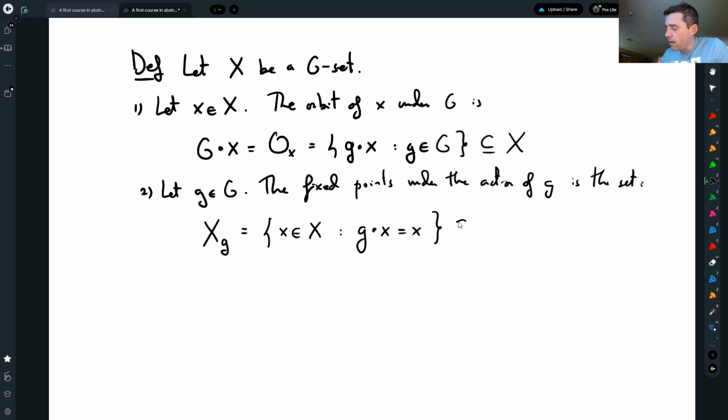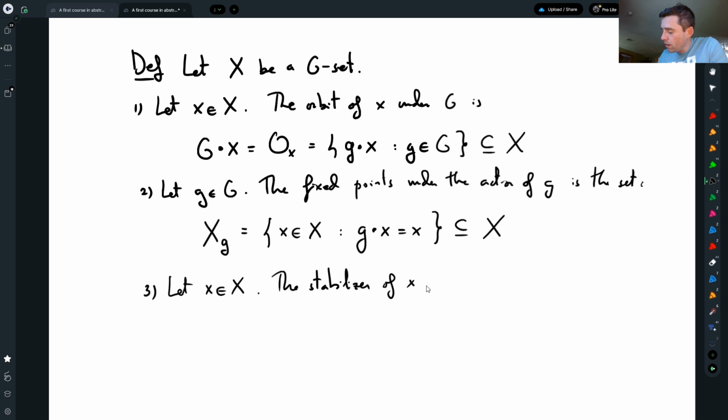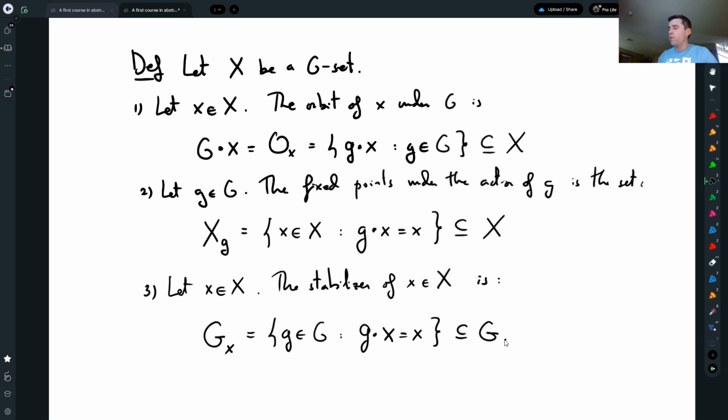This is again a subset of X, elements of X that are fixed by the action of a particular element, little g. And third, let x be in X. The stabilizer of x is those elements in G that leave x fixed. The stabilizer is denoted by G sub x, and those are elements in G such that g times x is x. And this is a subset of G.